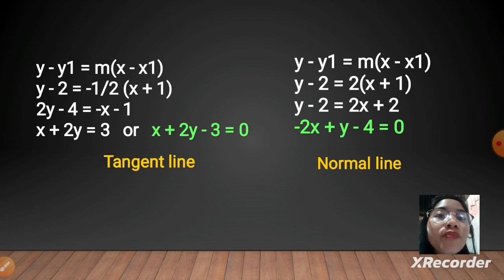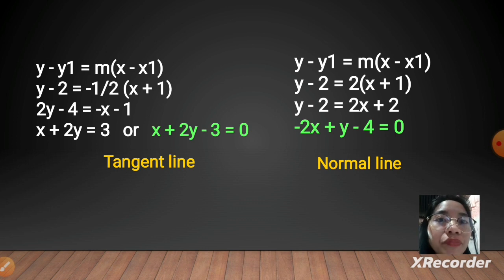So, we will use cross multiply, or division and multiplicative inverse. So, we have 2 times y equals 2y. Then, 2 times -2, we have -4 equals. So, -1 times x, we have -x. Then, -1 times +1, we have -1.